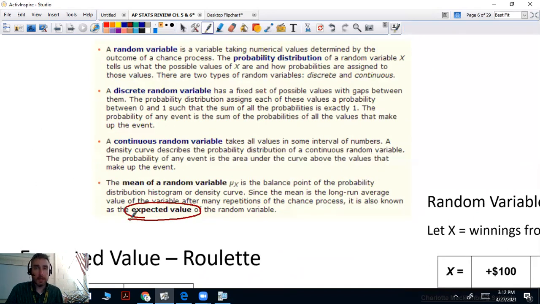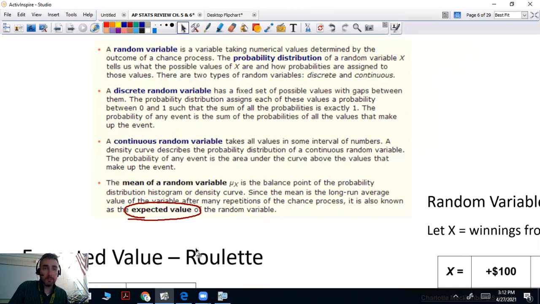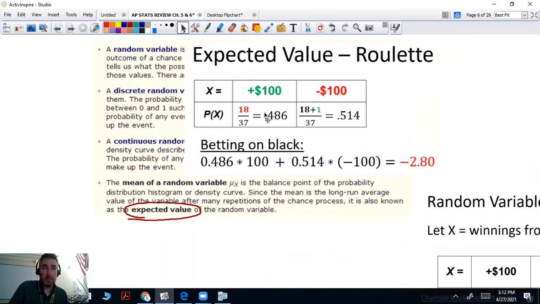If you're trying to calculate the expected value, you take each value times the probability associated with it, and add them all together. Overall, your expected value will likely be a decimal, sometimes negative, sometimes positive. If it's talking about money, negative means you're losing and positive means you're winning. That's your expected value on a play of roulette with a $100 bet.